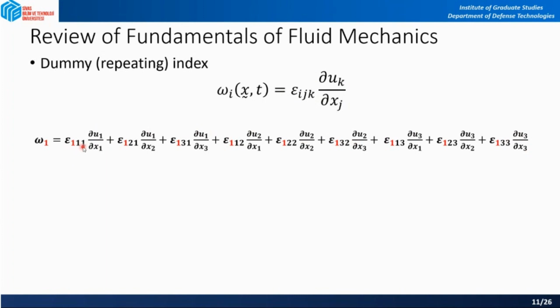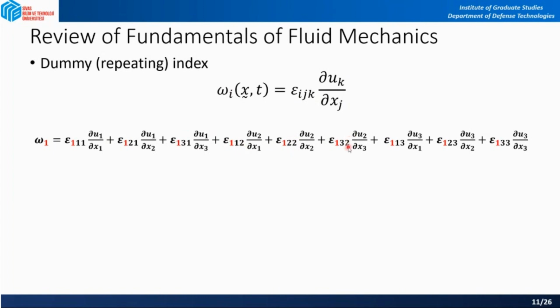So I will start with j and k equal to 1, 1, and then I will fix the k to 1 and sum up on the j's. So 2, 1 and 3, 1. And then I again continue the summation with j with k equal to 2.